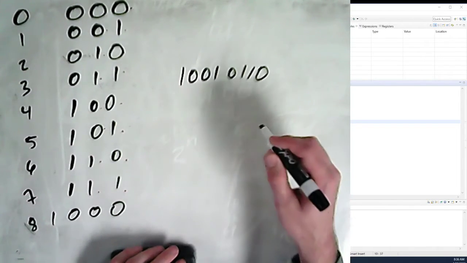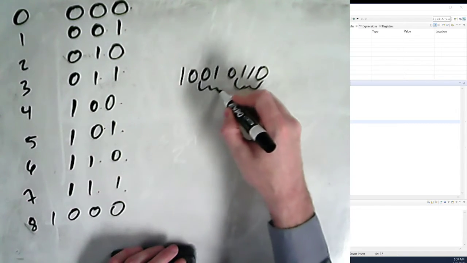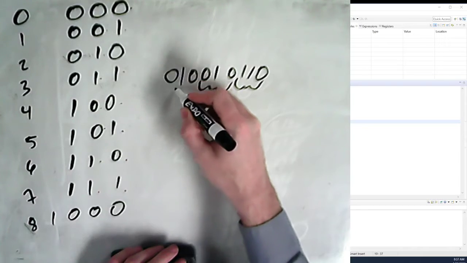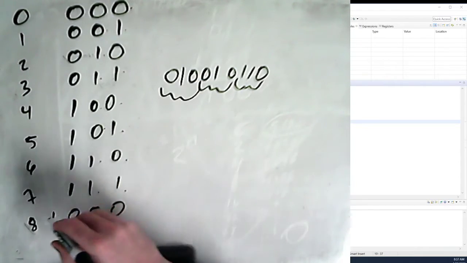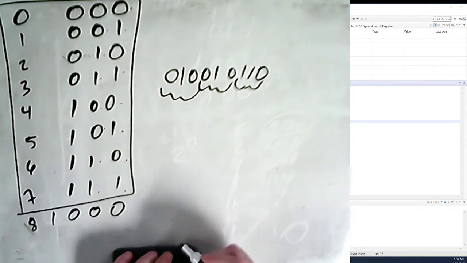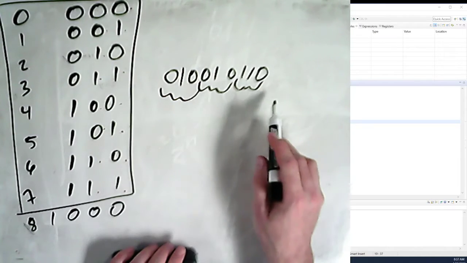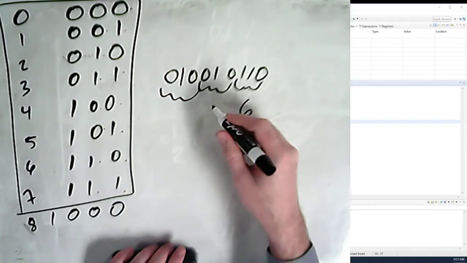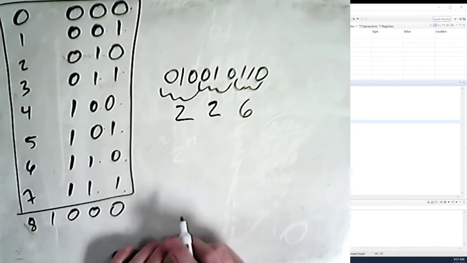One is that we can block these up into groups of 3 bits. And we'll just throw a 0 out here. Okay, we call this octal. And if we look at this first one, that's a 6. Second one is a 2 and a 2. So this would be an octal 226.